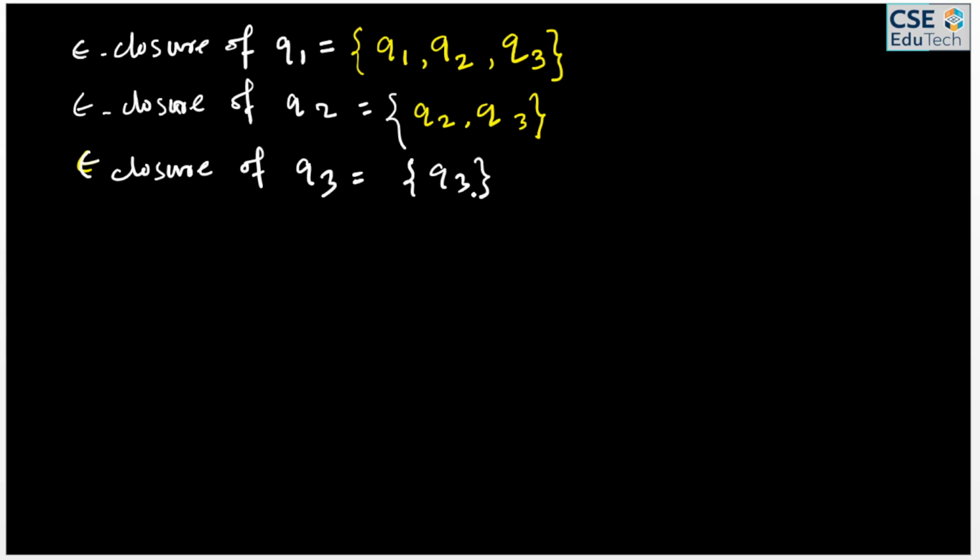Now, we define the extended transition function with NFA epsilon moves. So, extended transition function or extended delta in NFA with epsilon moves.